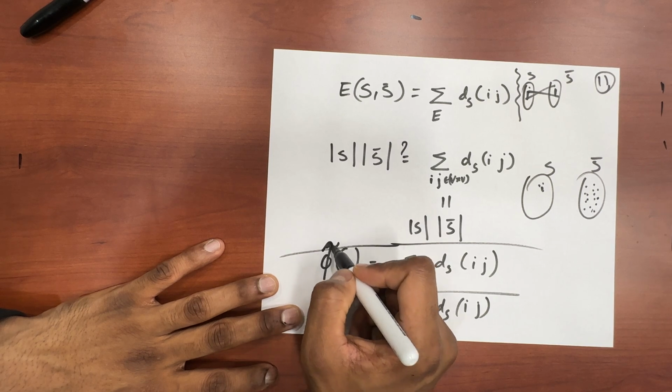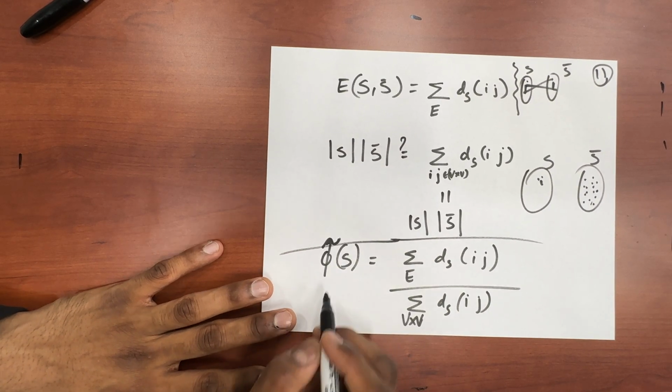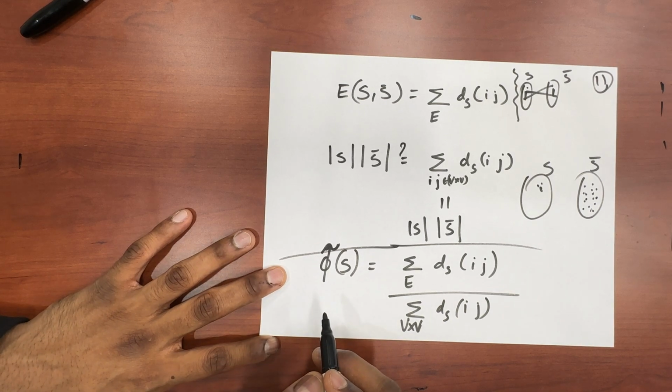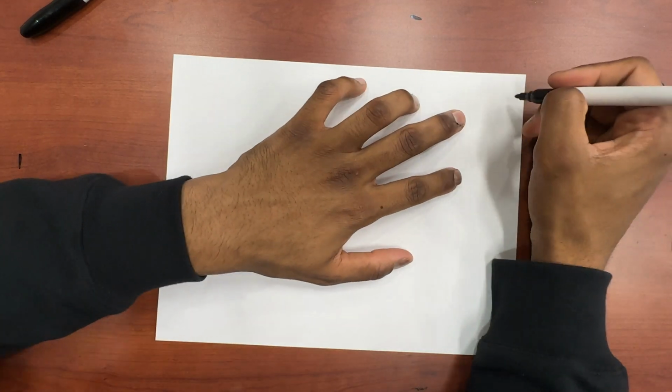See, I caught my mistake, it has to be phi tilde. That's good progress actually so far. We defined a cut metric and we defined the sparsity in terms of the cut metric.